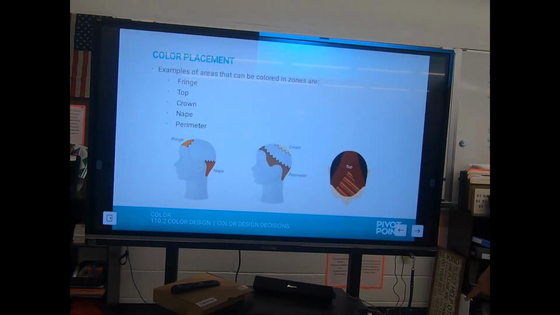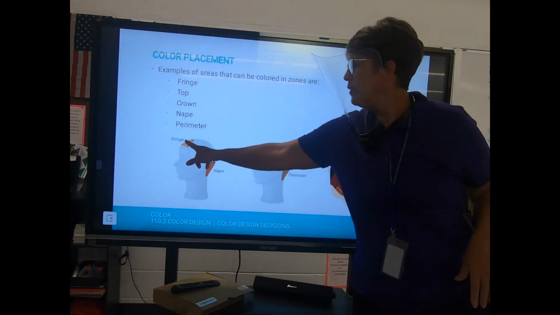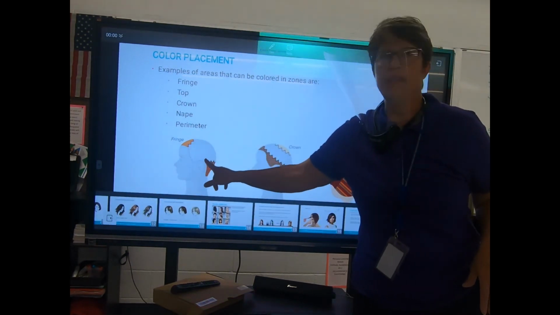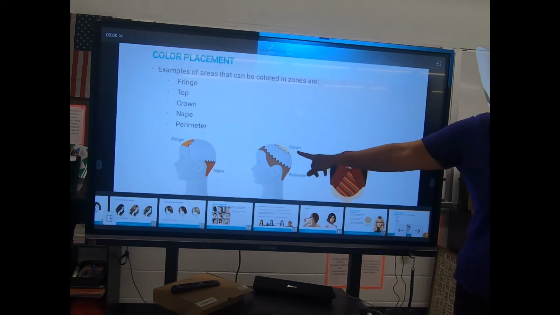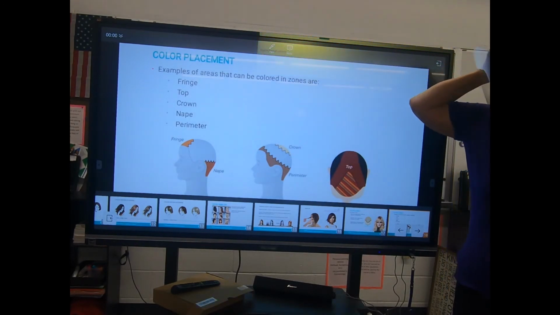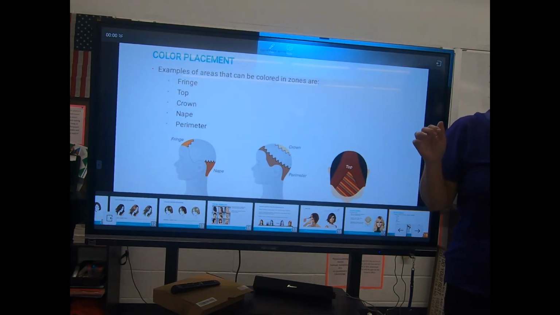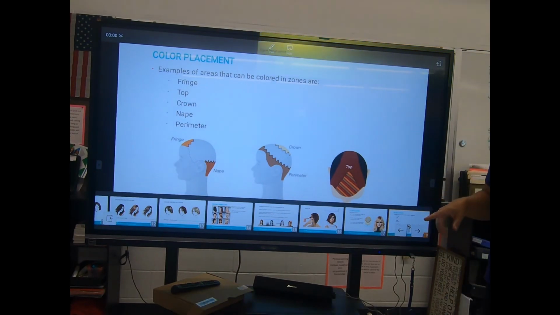Okay, here's some other ideas. If you had hair cut like mine, you could put a different color in the front and the back than in the middle. If you have long hair, this can be one color, this all can be one, and this can be one. So it could go light, medium, dark. And I think they have a picture there, it looks really pretty.